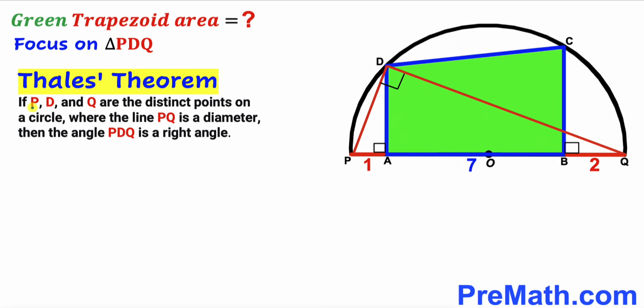According to this theorem, if P, D and Q are three distinct points on the very same circle and PQ is the diameter, then the angle PDQ is a right angle. So no wonder this angle PDQ is going to be a 90 degrees angle, since the points P, D and Q are on the very same semicircle, and PQ is the diameter.